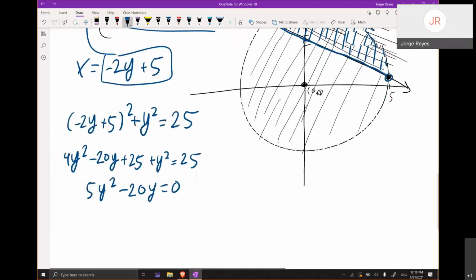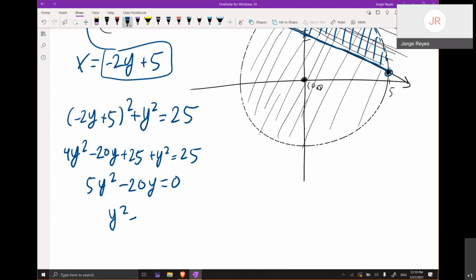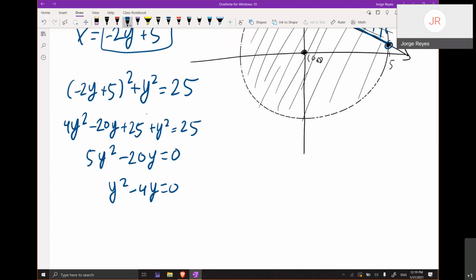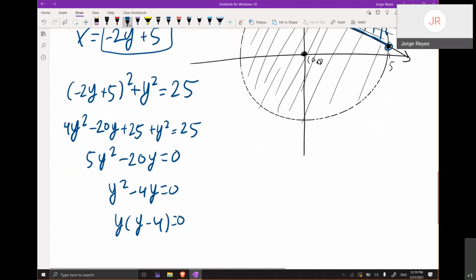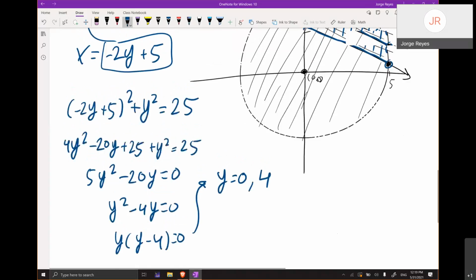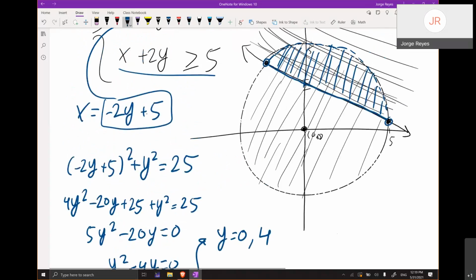Divide by 5, y squared minus 4y equals 0. y times (y minus 4) equals 0. So y is 0, 4, which means the corresponding x's would be, so I plug in 0 for y, that's going to be 5, and for 4, that would be -3.